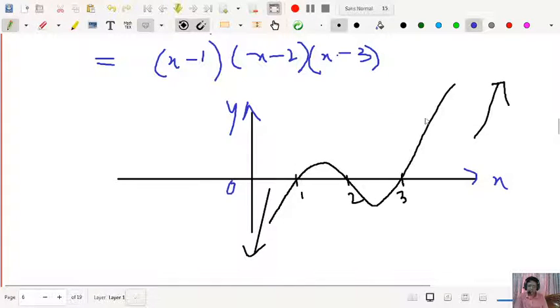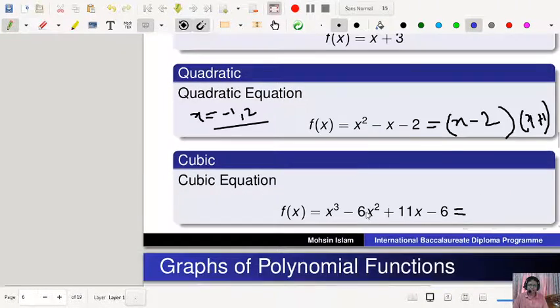At these 3 points, the curve y equal to x minus 1, x minus 2, x minus 3, that is the cubic polynomial, cuts the x-axis. So these are the values. That was the explanation.